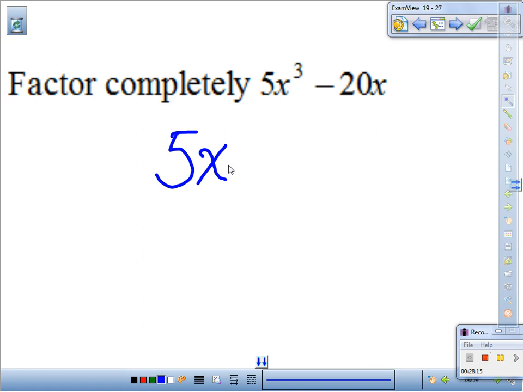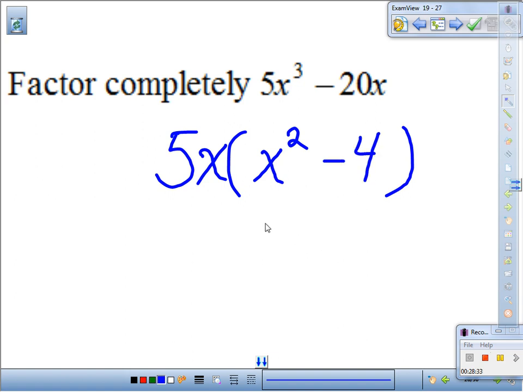That is correct. If we took out the GCF, the 5x, we're left with what? X squared. Yes, x squared. And then minus 4.